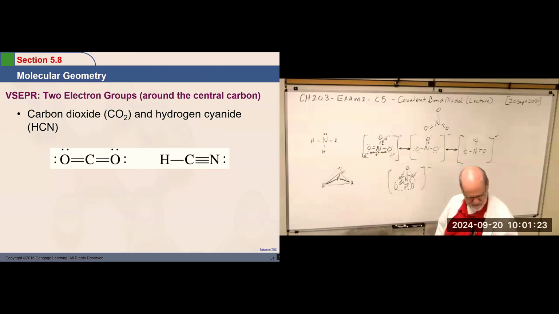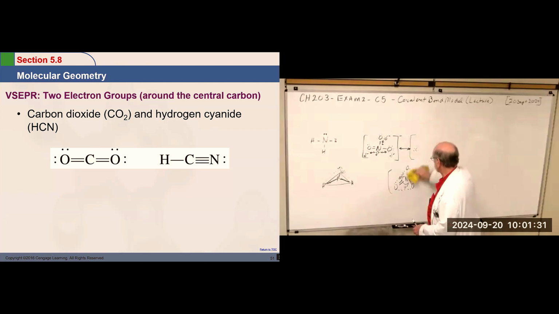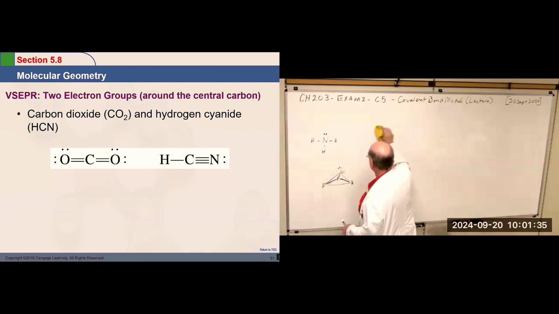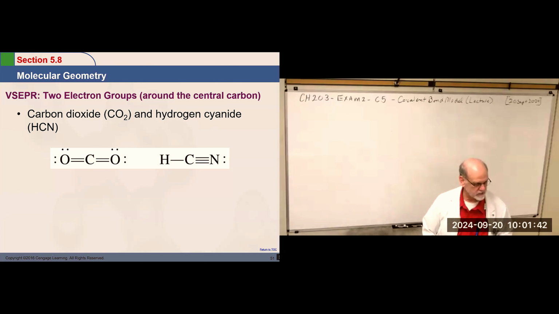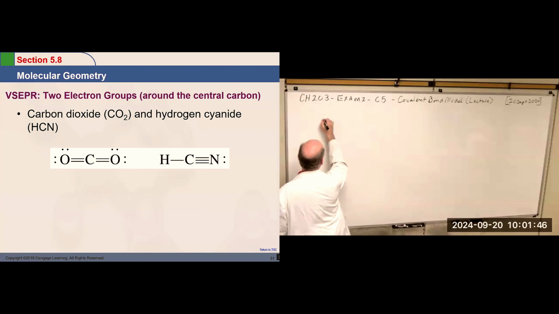All right. Let me erase this. I'm going to try to build a table. So hopefully it'll make more sense how to use the Lewis dot structures and translate them into a three-dimensional structure. So in this column, I'm going to have electron groups, numbers of electron groups.